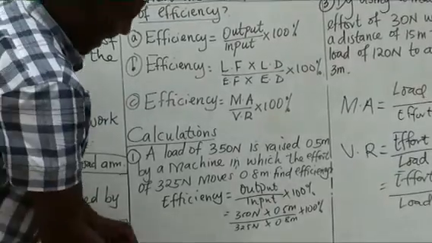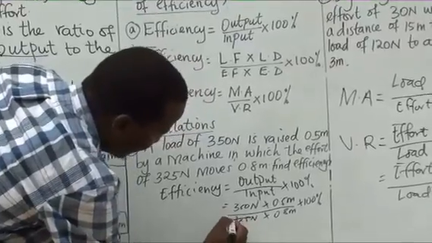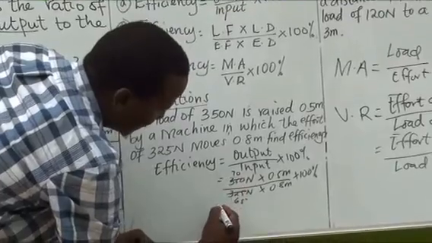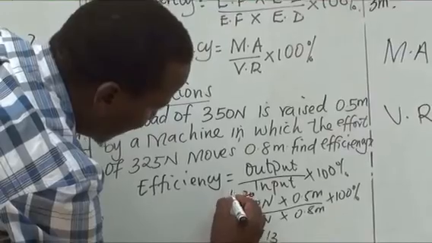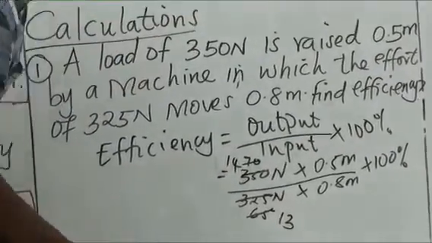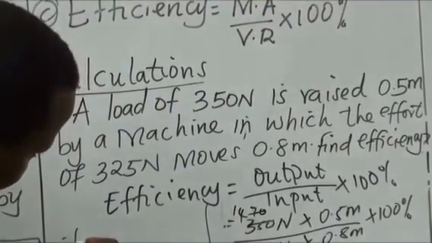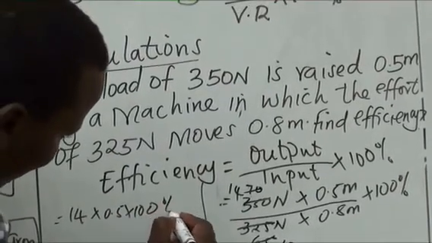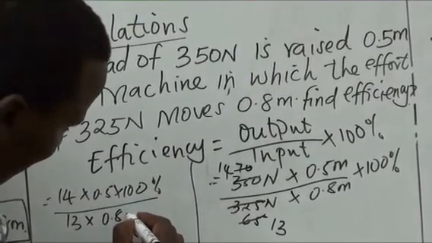Okay, we can now simplify this. 5 goes there 65, 5 goes there 70. 5 goes there 13, 5 goes there 14. I have 14 times 0.5 times 100% over 13 times 0.8 meters.